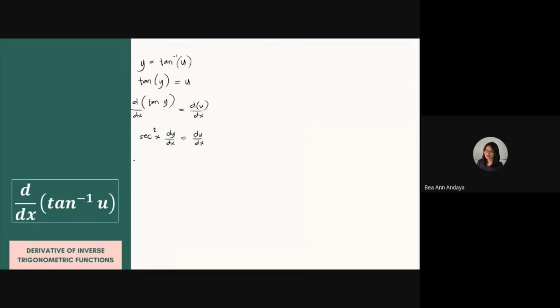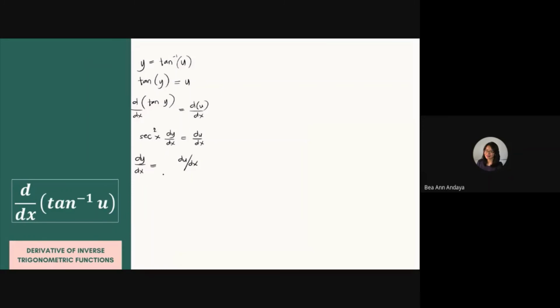So from this, our goal is to show the slope or a formula that will provide the slope of this function. So we are going to isolate dy all over dx. And then sa kabilang side, magkakaroon tayo ng du all over dx. Again, to isolate this on the left side of the equation, pwede mong i-divide both sides by secant y squared.